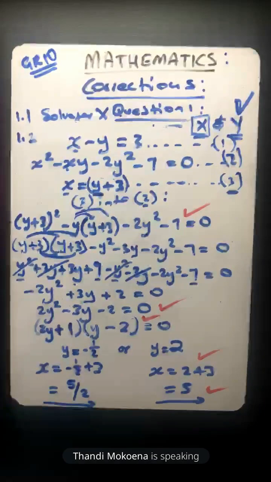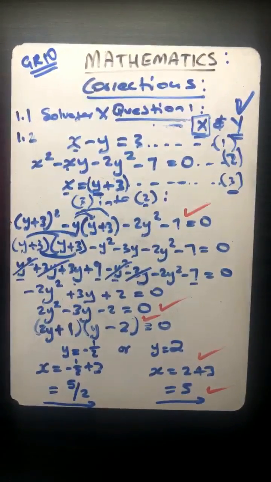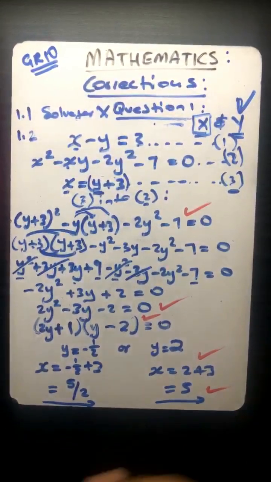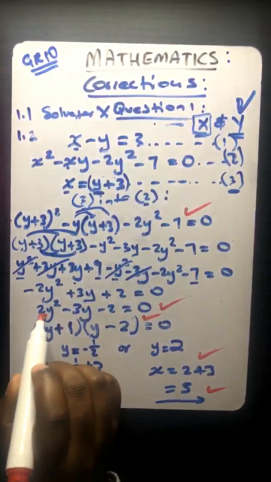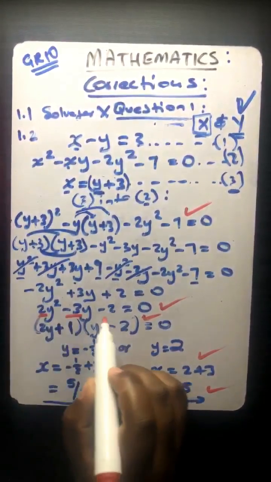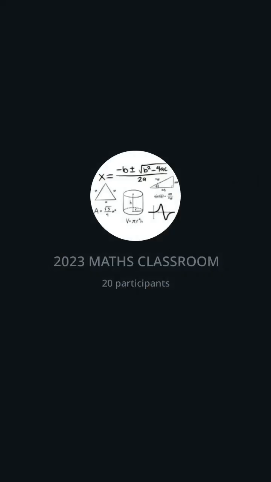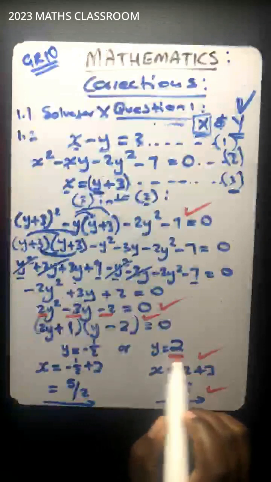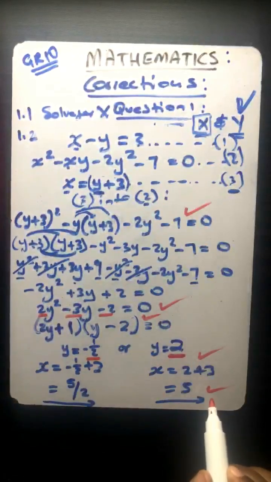Yes, sir. Yeah, so that is the formula that you use to find the factors. So you substitute on that formula this as your A, this as your B, this as your C. Then one answer is going to give you 2, and the other is going to give you negative 1 over 2.